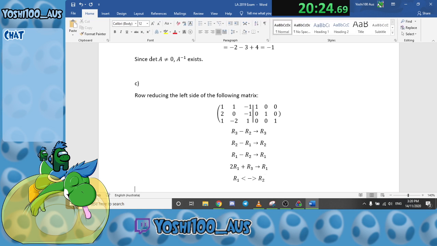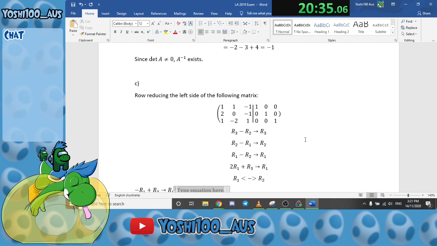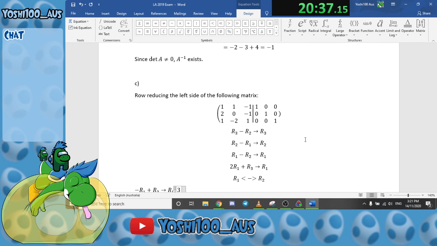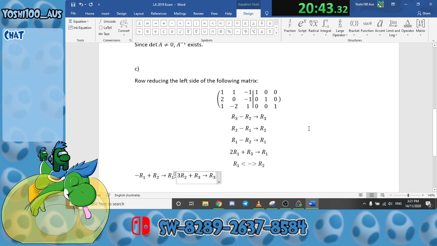Okay, so next up, minus R1 plus R2 is going to become R1. We also have 3R2 plus R3 becomes R3.